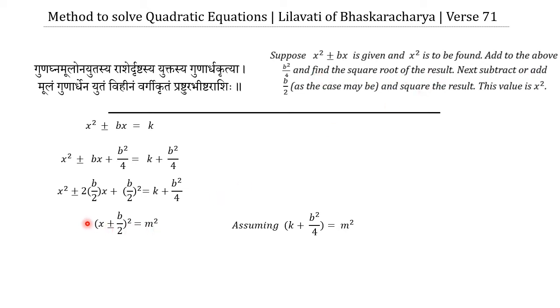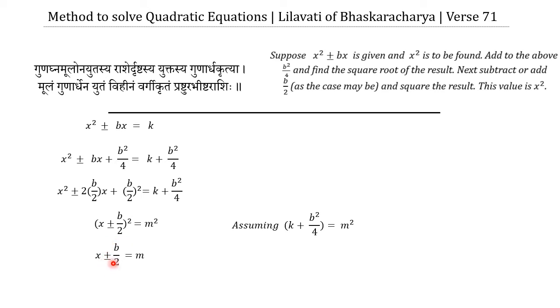So on taking the square root of the entire equation, we get x plus minus b upon 2 is equal to m. Then we are supposed to subtract or add b upon 2 as the case may be. Now in this case, if we had had x plus b upon 2 is equal to m, we would have subtracted b upon 2 from both sides of the equation in order to eliminate the b upon 2 from the left hand side.